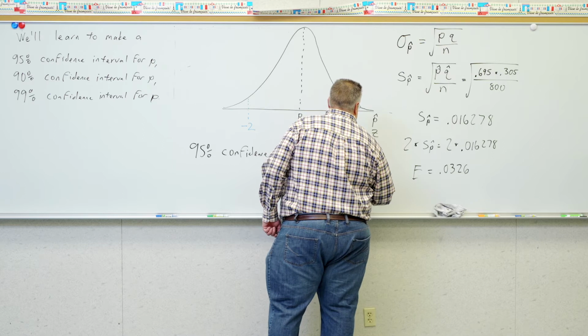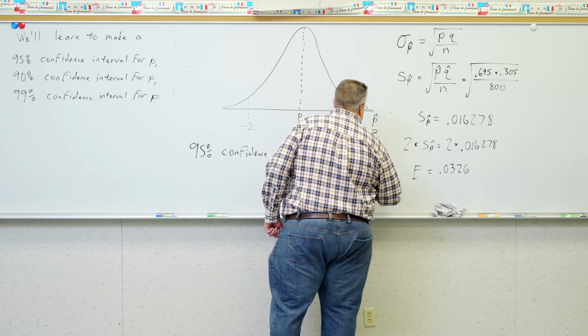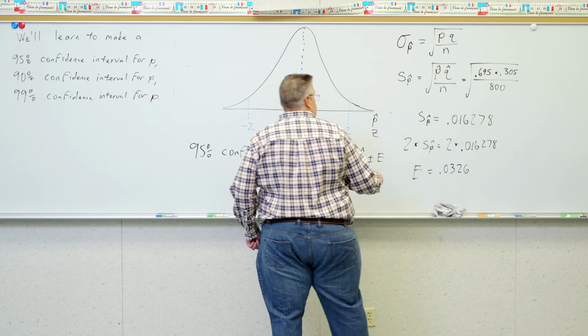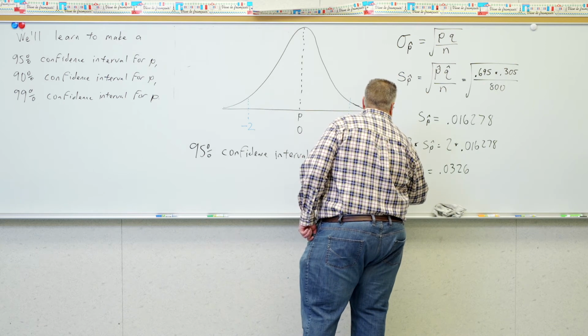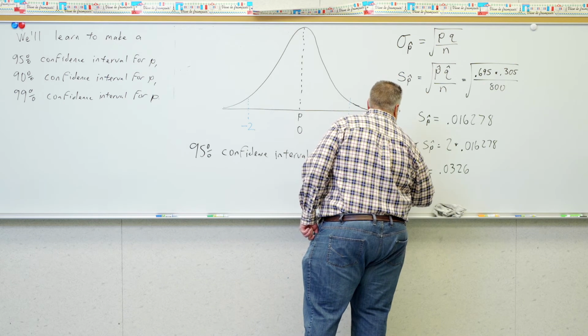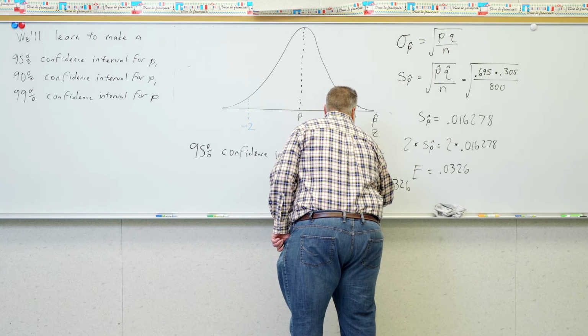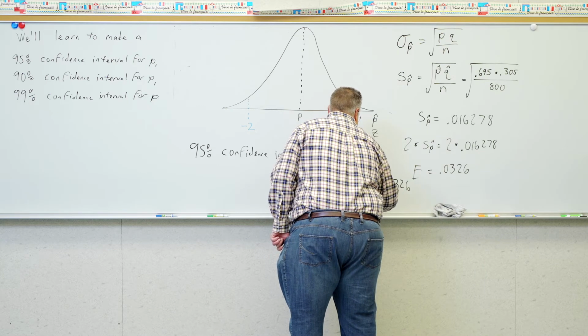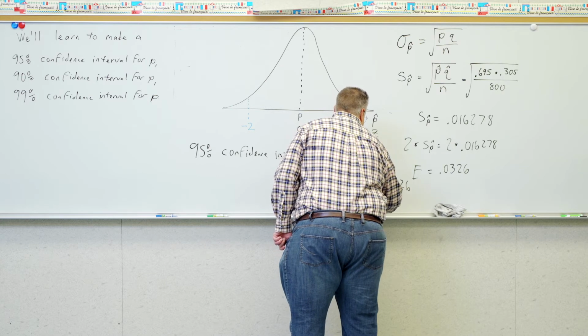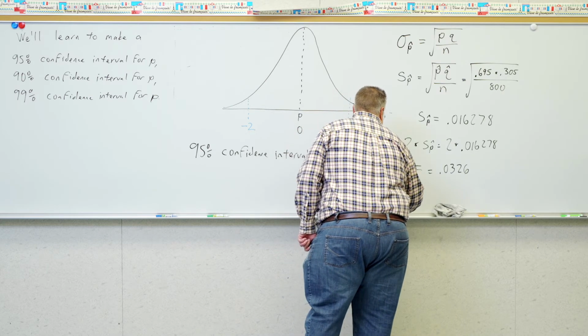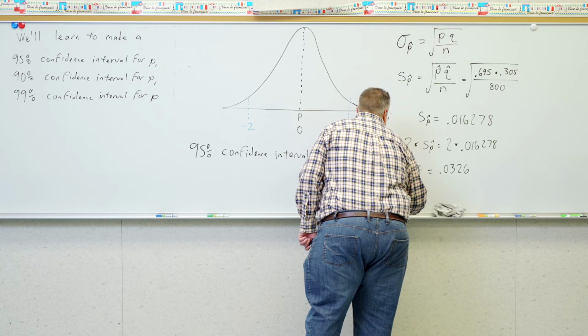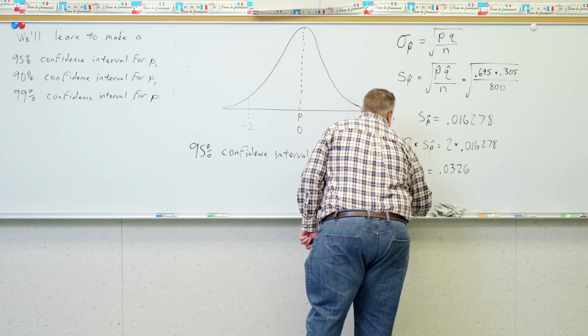It's 0.695 plus or minus 0.0326, which is 0.6624 up to 0.7276.